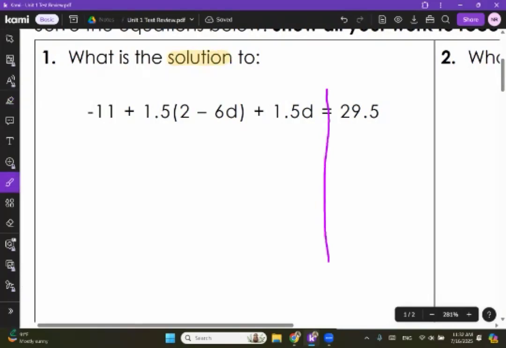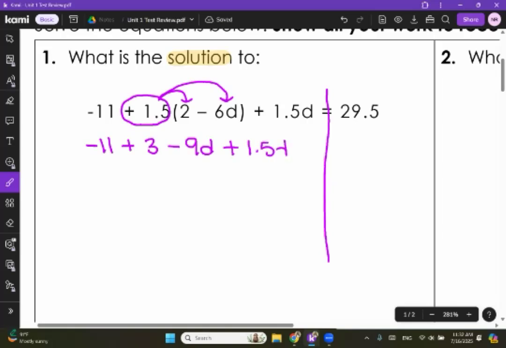In this case, it's not x, we're looking at d, right? So the very first step, you look for parentheses. We do have parentheses, and parentheses tell us we need to be distributing. I'm going to bring down my negative 11. 1.5 times 2 gives us 3. 1.5 times negative 6, negative 9d. Bring everything else down. Plus 1.5d.